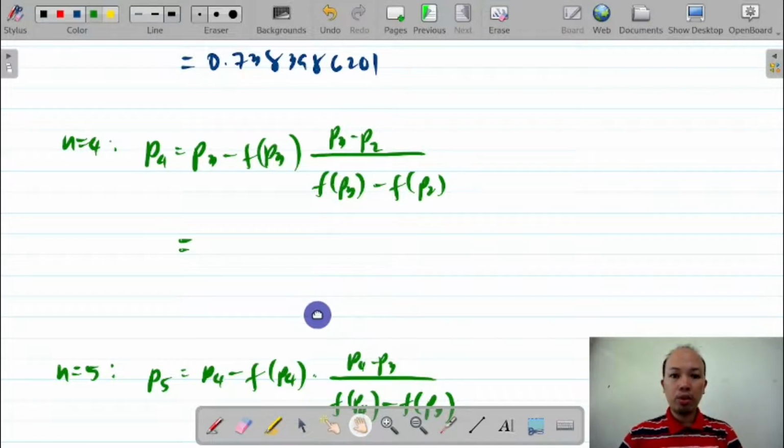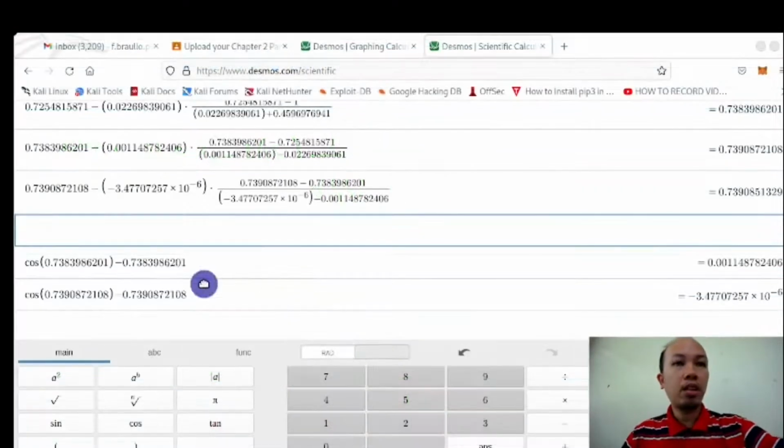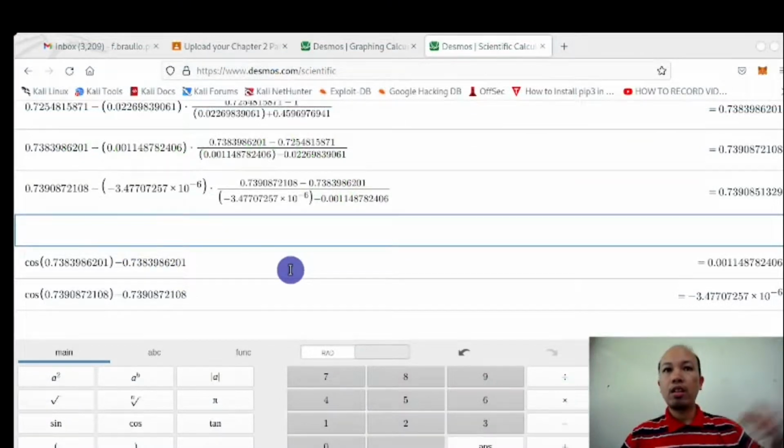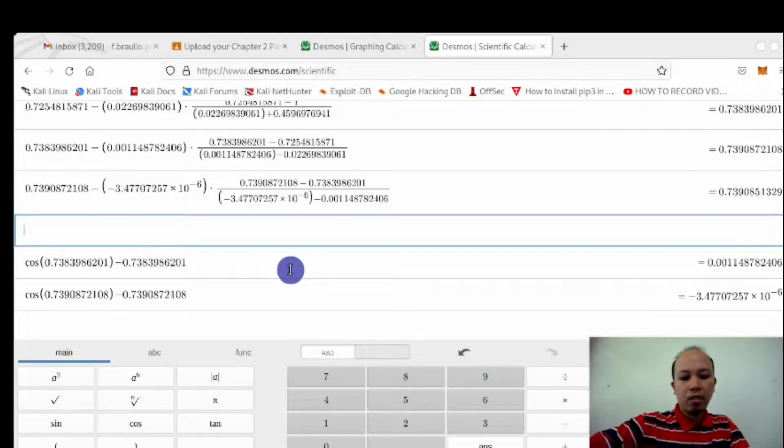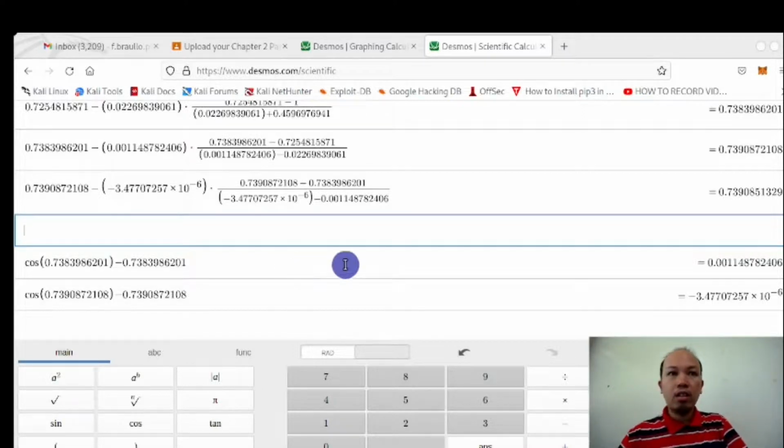For p sub 4, if you look here in the Firefox browser, the answer is 0.7390872108.